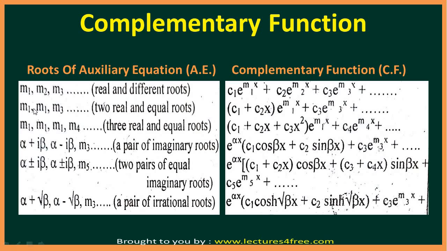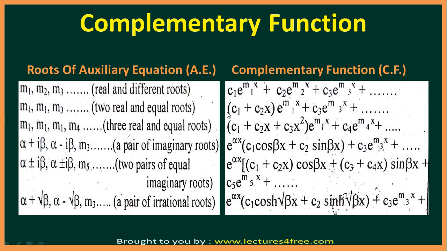now consider the second case. In the second case, when two real roots are equal, okay, two real and equal roots. Now you can see these two roots, m1 and m1, are equal, and the third root m3 is different. So you will get c1 plus c2x, then e to the power of that equal root, m1x.